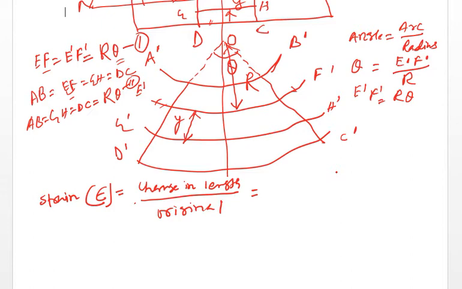Now if I again apply this formula, angle is equal to arc upon radius. So here the angle will be theta. The arc, what is the arc? If I consider this fiber G dash H dash, the distance from O to G dash H dash is R plus y.